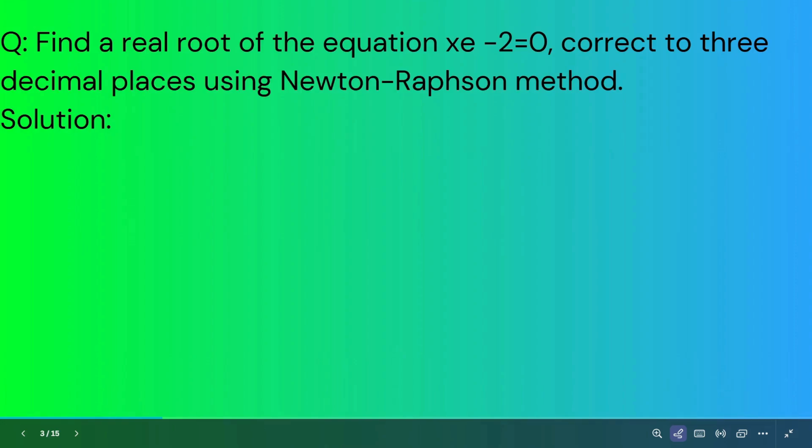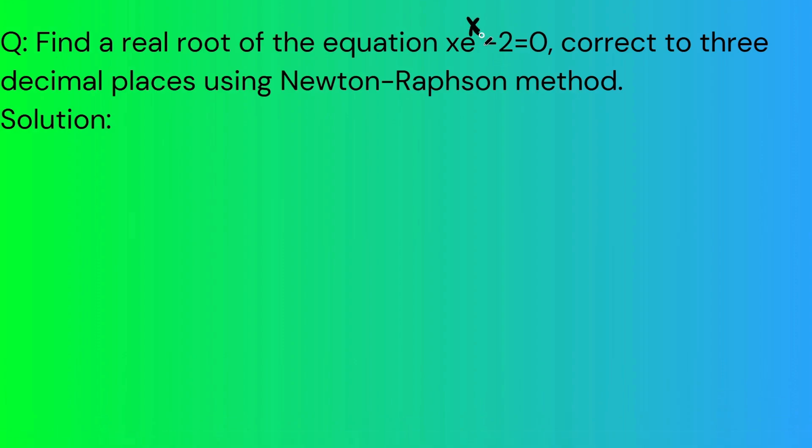For a question asking to find the real root of the equation e^x minus 2 equal to 0, correct to 3 decimal places using the Newton-Raphson method.